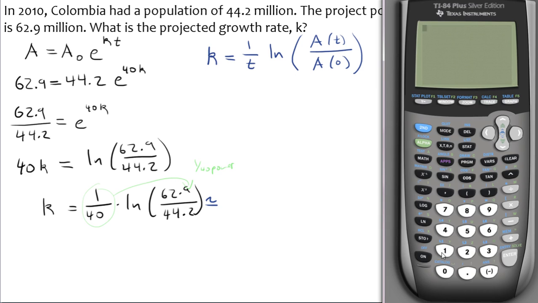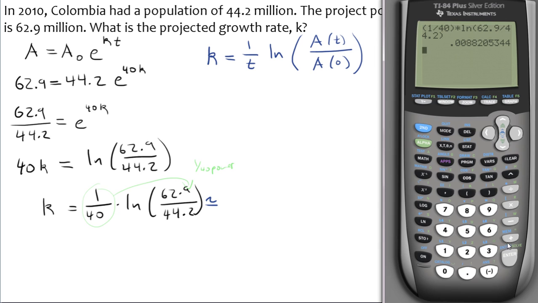I've got my calculator right here, and I'm going to do 1 divided by 40 times the natural log of 62.9 divided by 44.2, and yep, that looks good. We'll get 0.008.